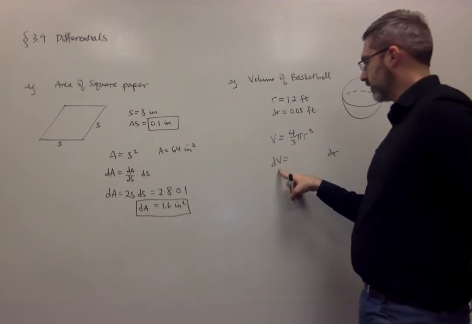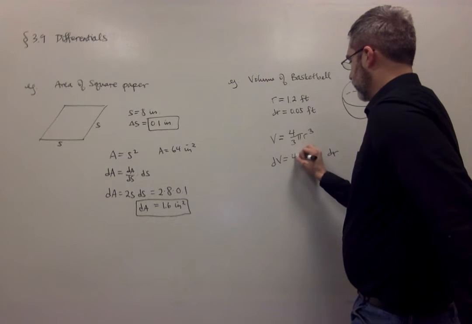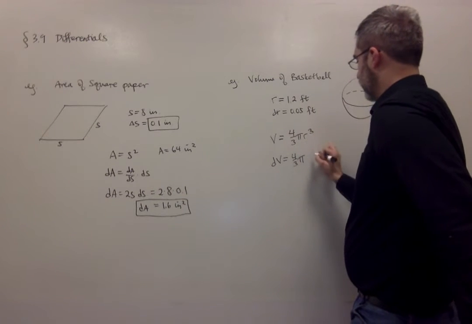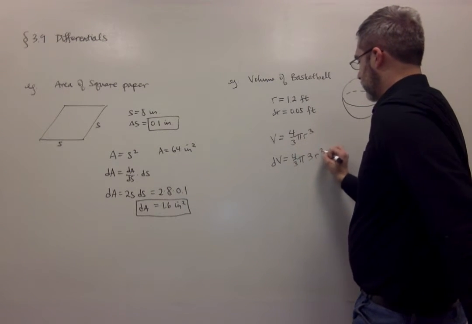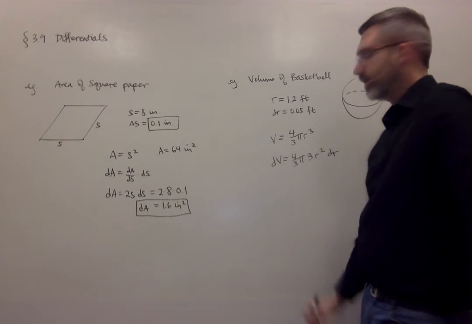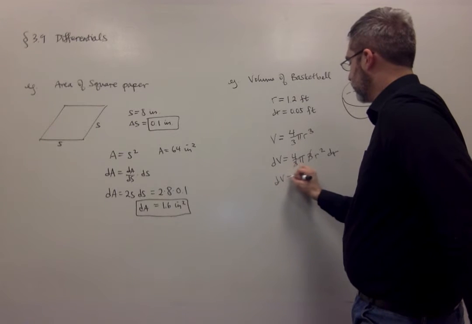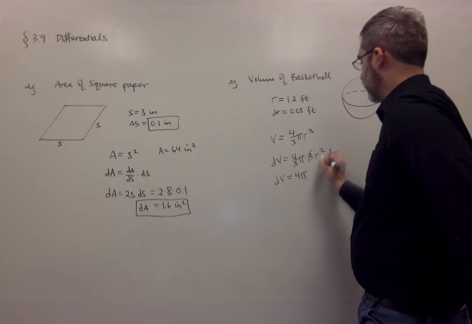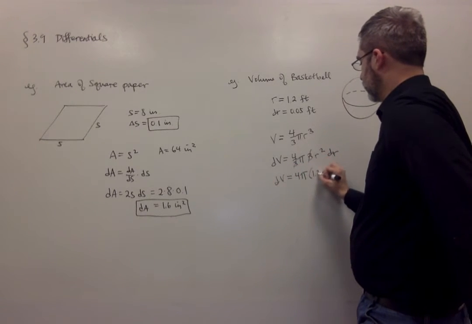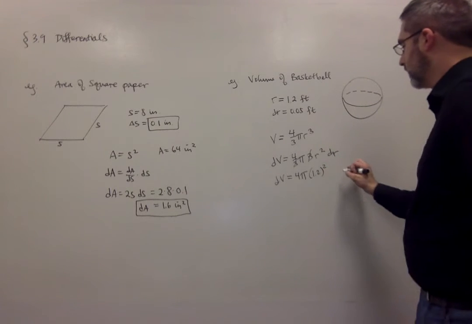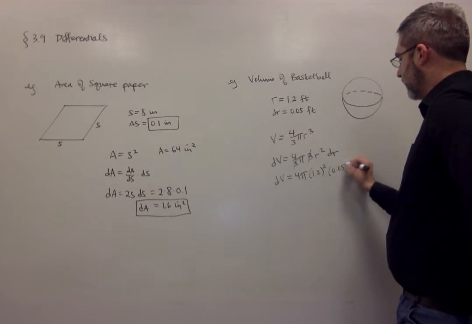The derivative of this is 4/3 pi, and the derivative of r cubed is 3r squared. So now the 3's cancel. The error in the volume is going to be 4 pi times my radius, 1.2 squared, times my error there.